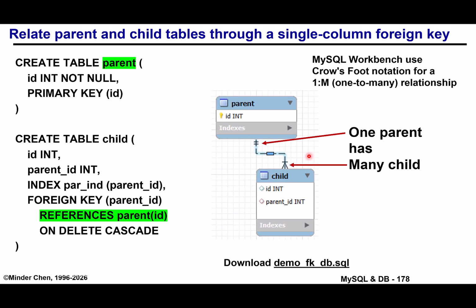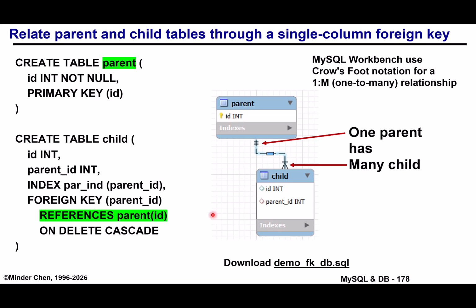Okay. So to build a relationship, we create a column in the child table where it serves as a foreign key. The foreign key points back to, or references, the parent table where it serves as a primary key.